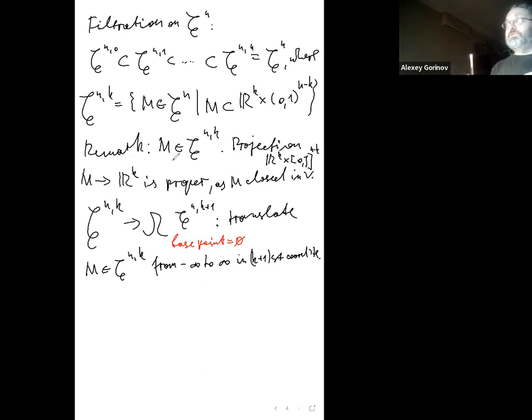So for every element from minus infinity to infinity, I get some translate of M. And this translate will this time live in C^n_{k+1}, because the k plus first coordinate will be basically anything from minus infinity to infinity.